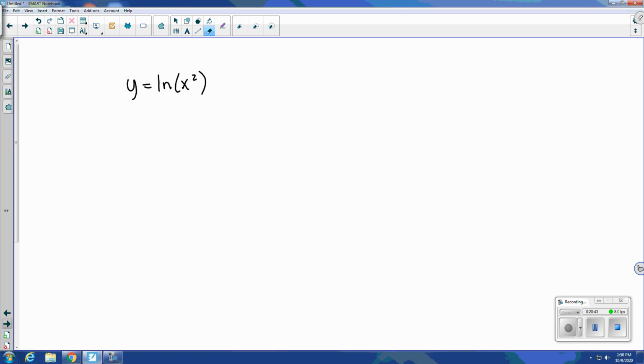Natural log functions, or logarithms in general. So logarithms of any base. When you calculate the derivative, it's going to be 1 over what you're taking the log of times the natural log of the base. Okay?